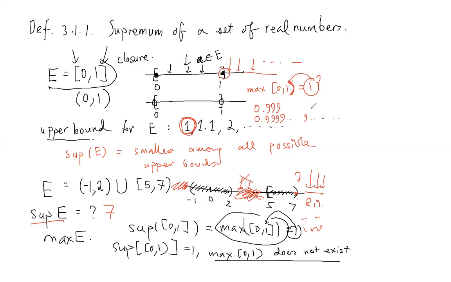Is that clear for everyone? The definition is just a more formal way of explaining things, so I leave it to you to read it. I just explain the ideas with examples. Is that okay for everyone?